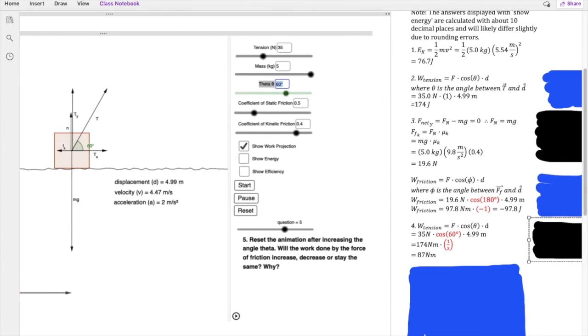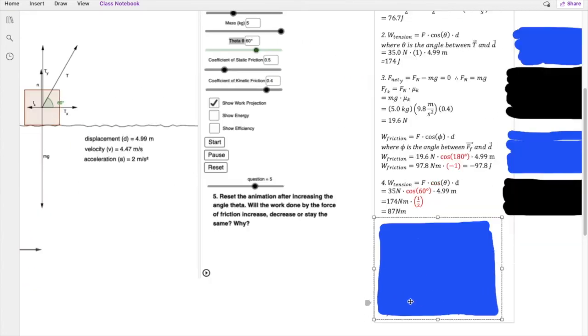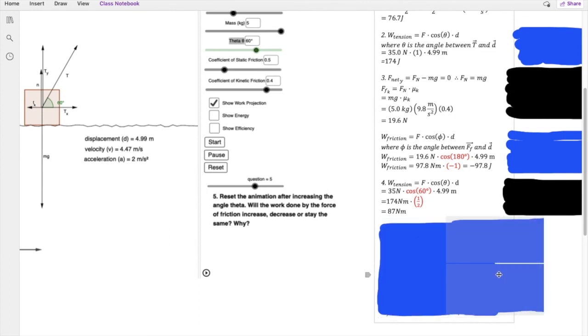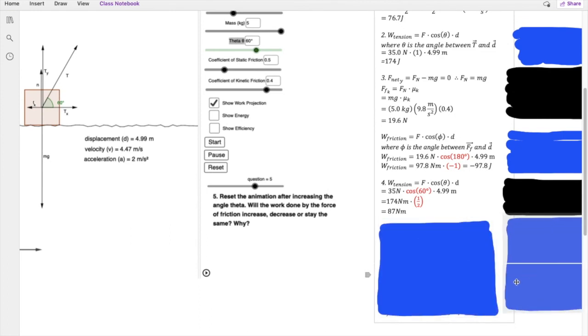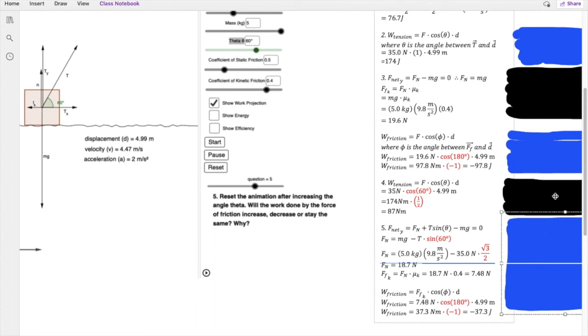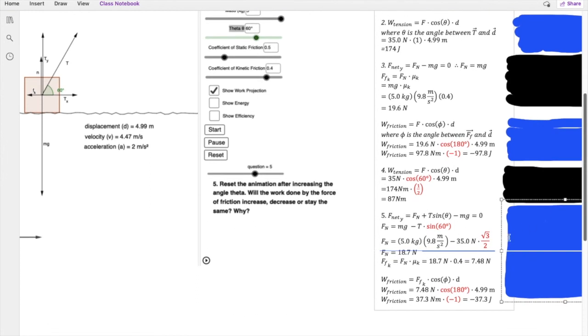Okay. Now finally, if we wanted to calculate what the work done by the force of friction was, let's move this out of the way. We have a few steps to do here. All right, so we have the net force in the y direction, again, is going to be equal to 0.